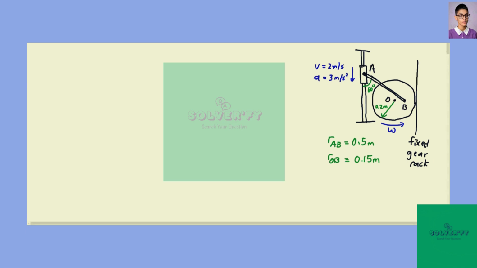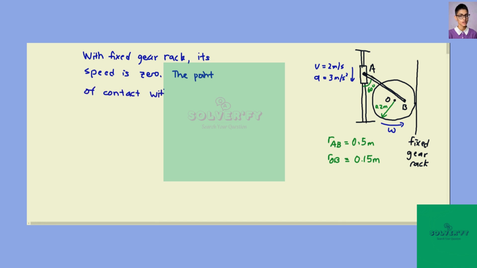Okay, with the fixed gear rack, its speed is 0. So the point of contact with the gear has 0 speed.